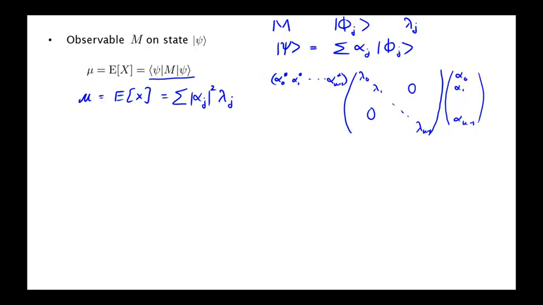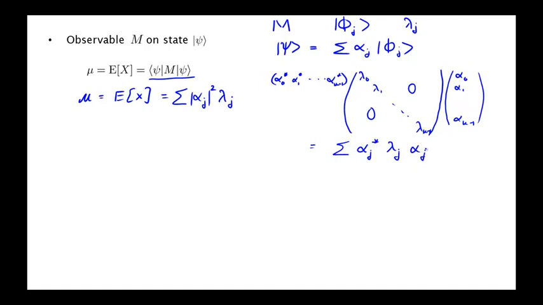Okay, so you multiply this out. What do you get? You follow your rules of multiplication, and you get the summation of alpha sub j star, lambda sub j, alpha sub j.